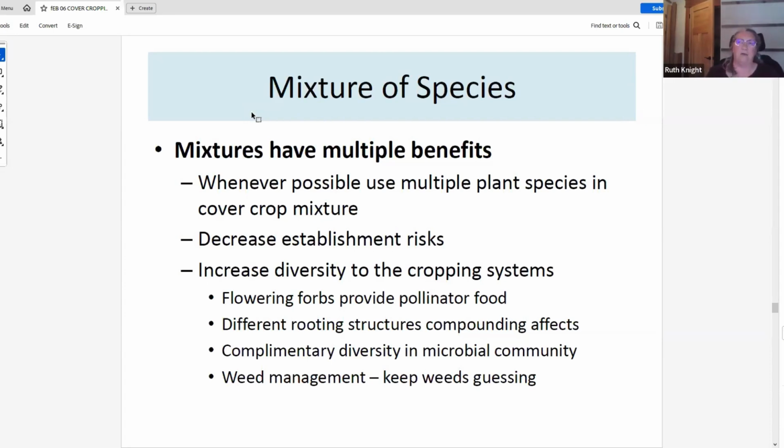And then as they're in this community, the root structures, they're going to share and transfer a lot of those nutrients across those root systems.